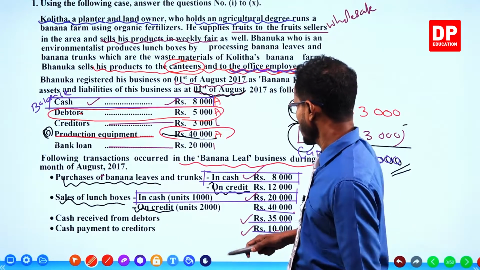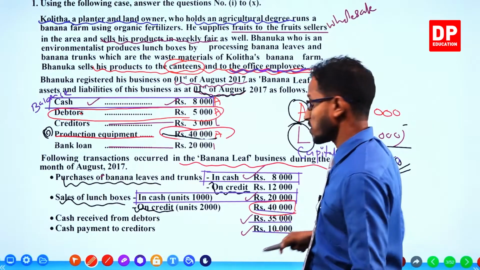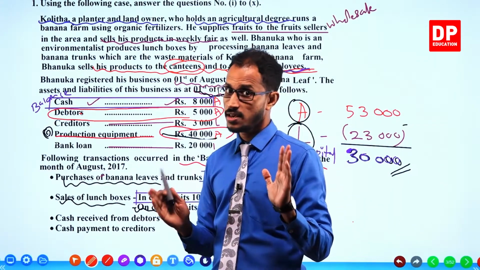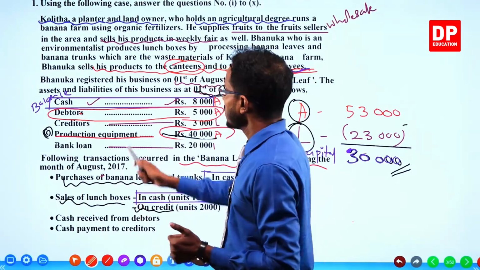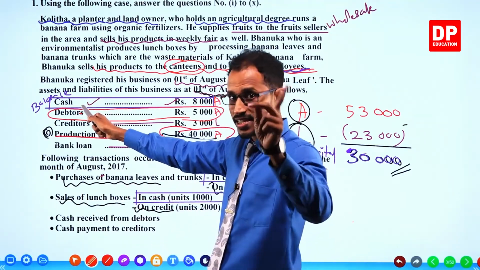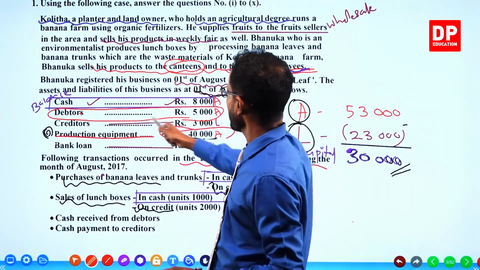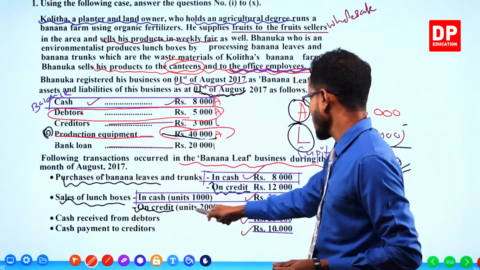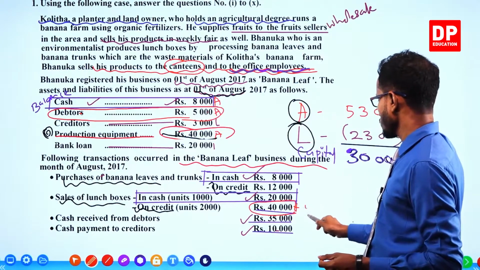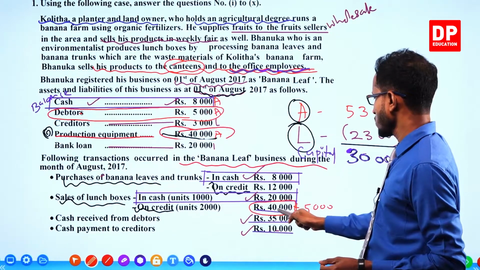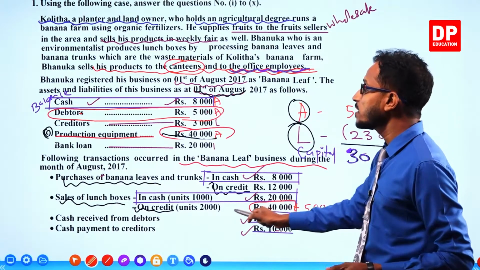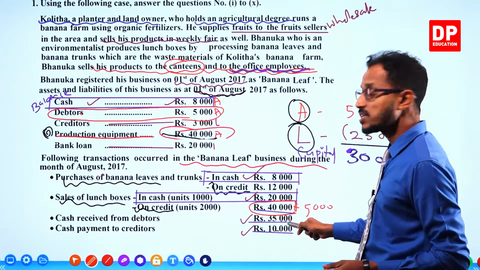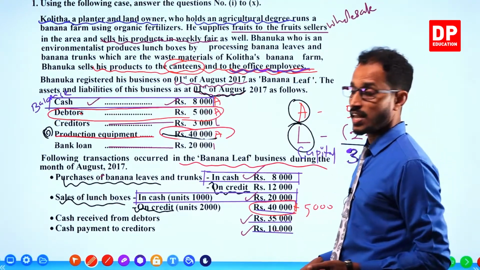If you are going to write debtors as assets, you have to take the opening balance 5,000, add the credit sales 40,000, 40 plus 5, that is 45, and we have received from debtors 35,000. That means from 45 they have paid us 35, remaining is 10. Likewise, you have to calculate.